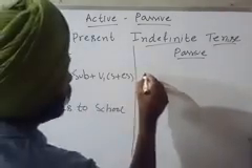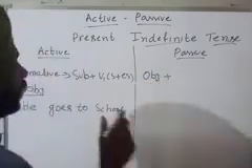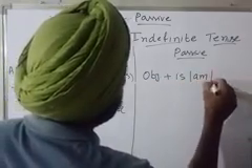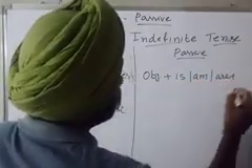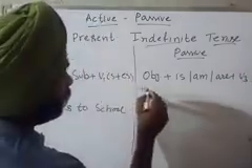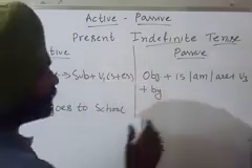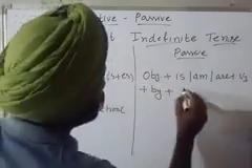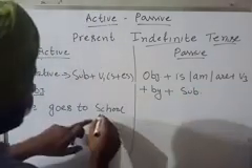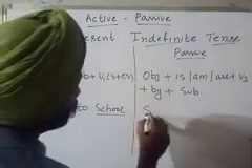So here we use object. Then we use is, am, are. Then we use verb third. Then we use preposition by in almost 90% of cases, and then we use subject. For example, in this sentence we have the object school.